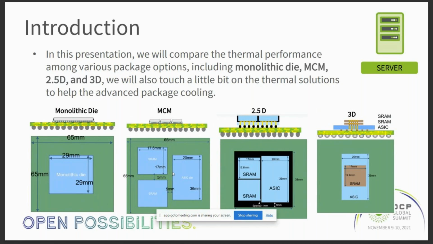They're all the same 65 by 65 footprint, basically. Yes. Oh, all of this is 65 by 65. Okay. And it's just that the MCM or the multi-chiplet packages take up more of the package area than the monolithic. Yes. But as far as the board is concerned, they all look the same. Yes, because we want to do the apple-to-apple comparison. Okay, thank you. Sure.